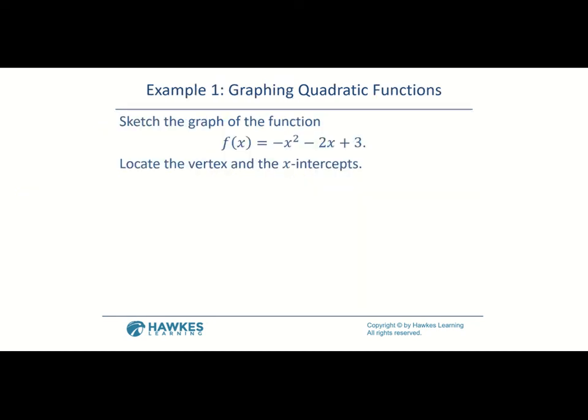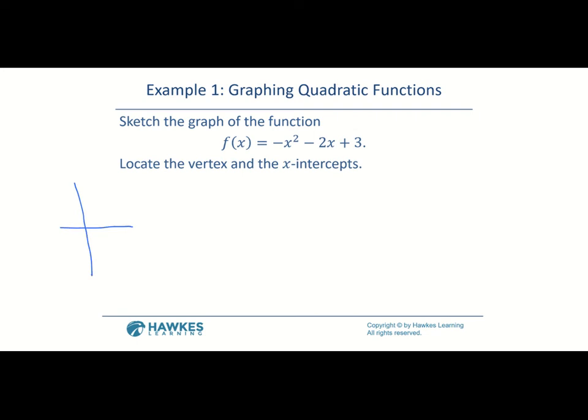All right, so here we have the quadratic function negative x squared minus 2x plus 3, and we want to locate the vertex and the x-intercepts. By looking at it in standard form, I can't tell you what the vertex or the x-intercepts are just yet. But I can determine whether my parabola will open up or down.